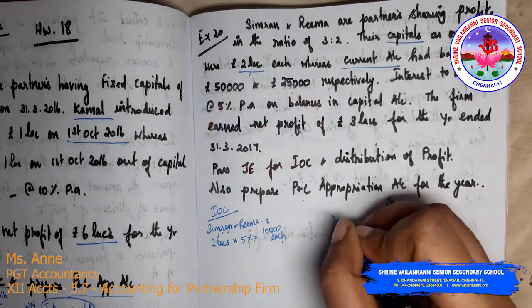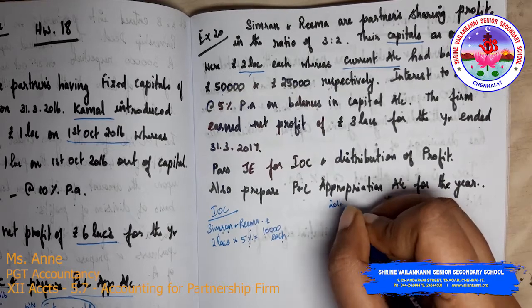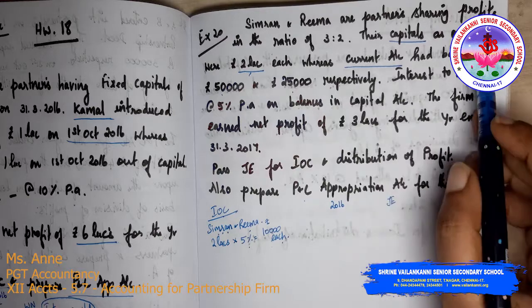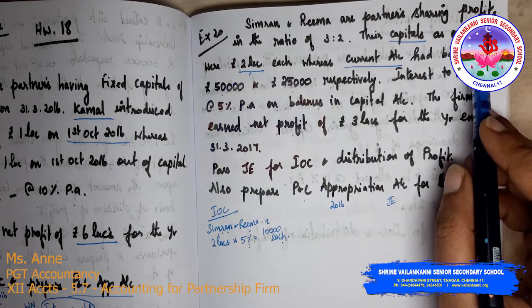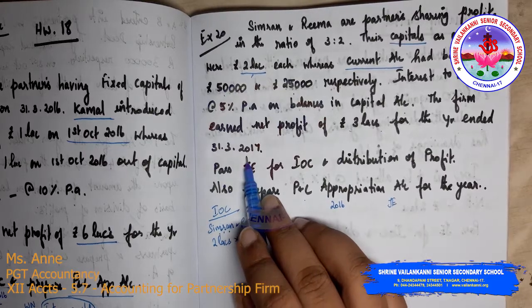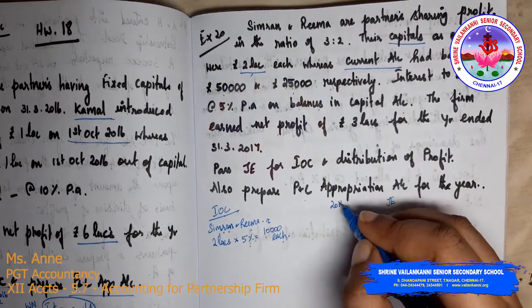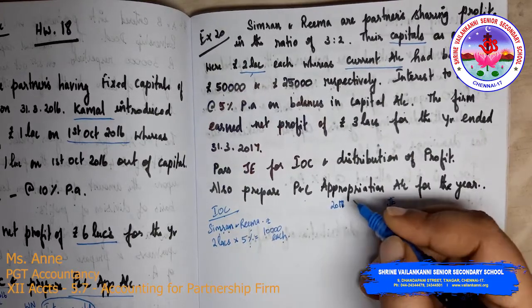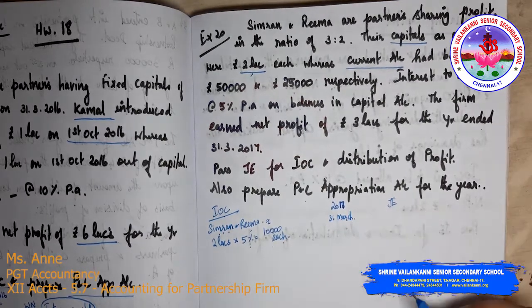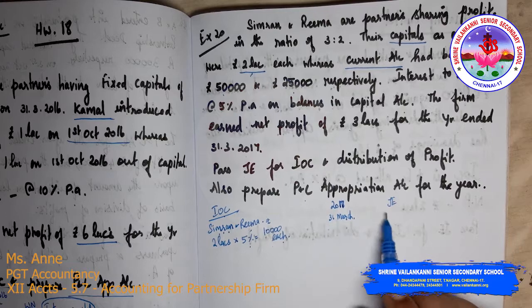So we have the year 2016. Am I right? Yeah. So 2016 is the starting of the year. So by the end of the year we will pay interest on capital. So it should be 2017, 31st March. Okay. So 31st March we have entered. So date is over.